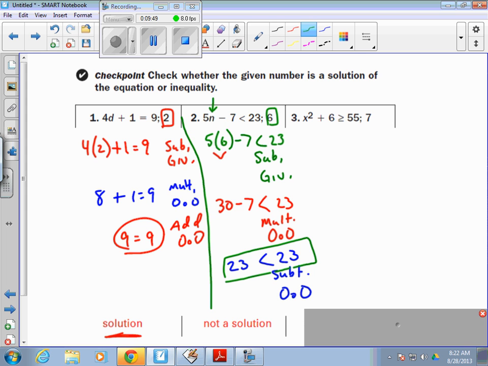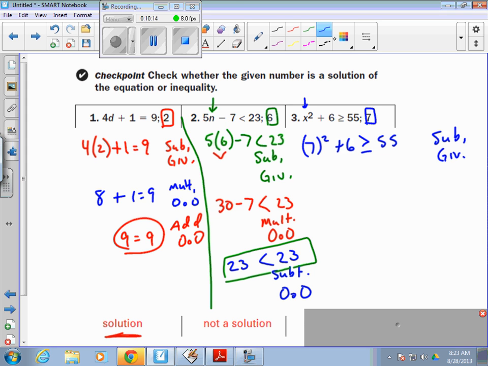And then for the last checkpoint problem, it says x squared plus 6 is greater than or equal to 55. We're going to plug in that value again. We're going to plug in the number that comes after the semicolon, 7. So we have 7 squared plus 6 is greater than or equal to 55. Substituted in a given value of 7.